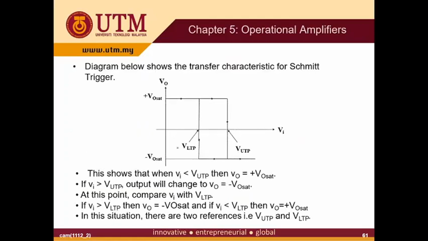Okay, this shows that when the Vin is lower than VUTP, Vout is equal to plus Vsaturation. Okay, so you can read the slide. The slide just explains again what I described in the previous slide.